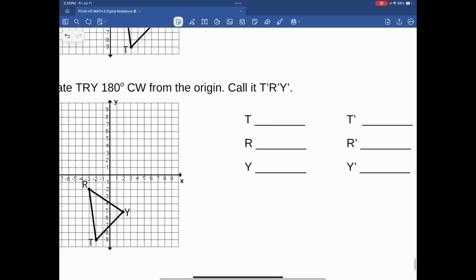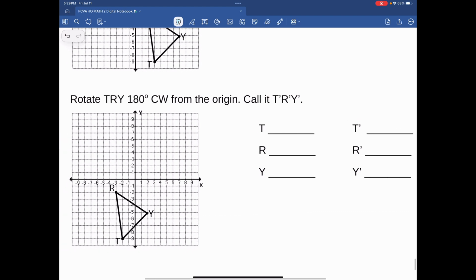All right, so then we have 180. So if we're doing 180, and 180 is essentially a straight line, so it's not going to matter whether we technically are rotating it counterclockwise or clockwise, because it's going to give me the same values. So my t in this one is at -2 and -9.